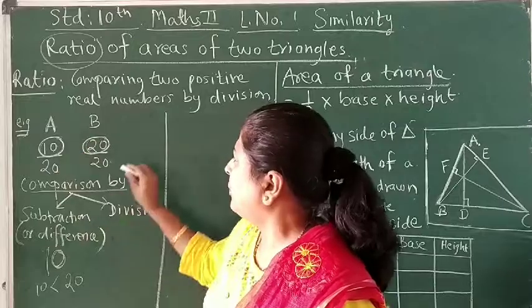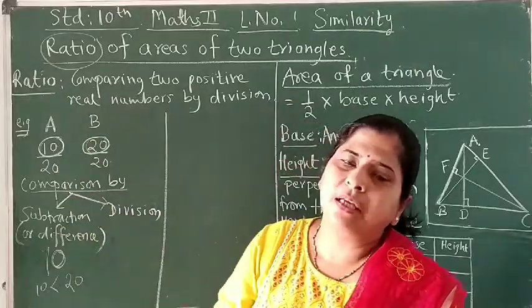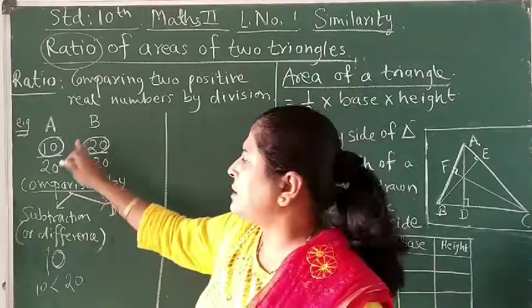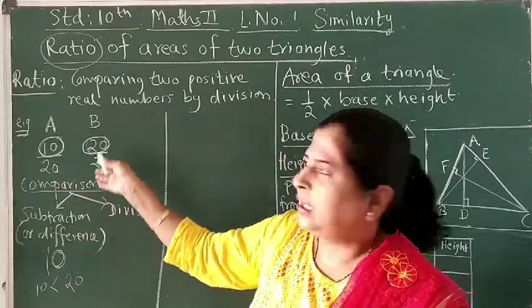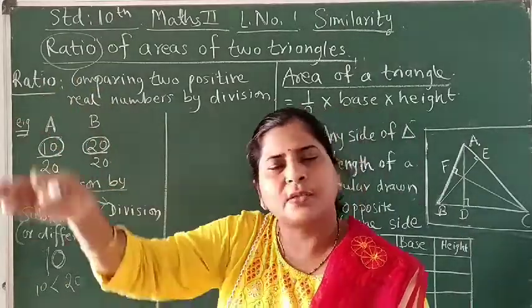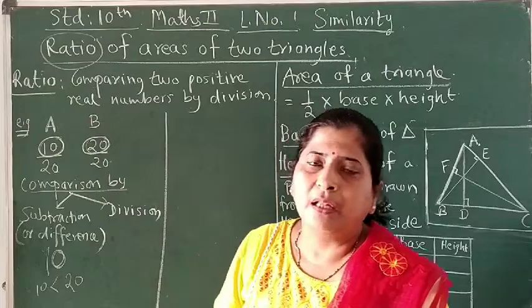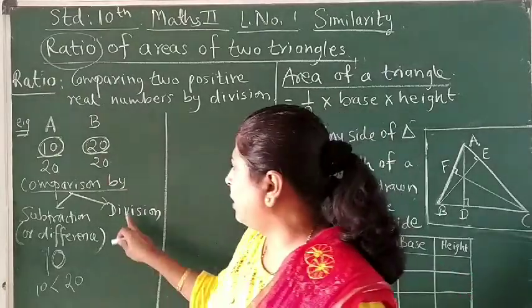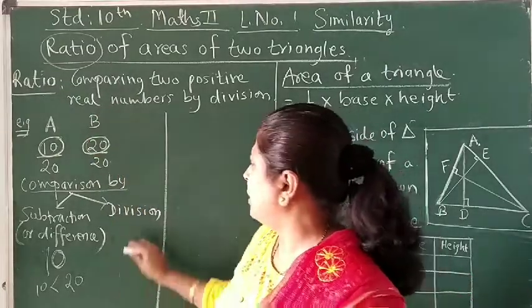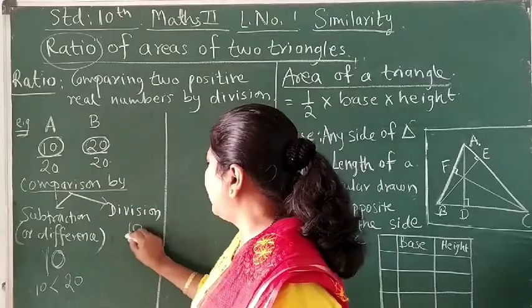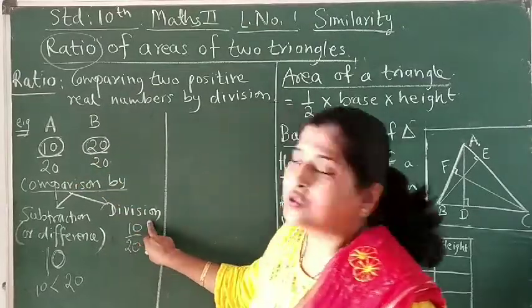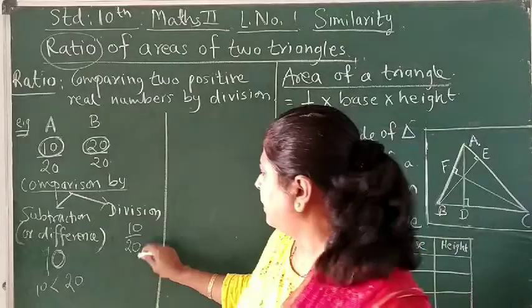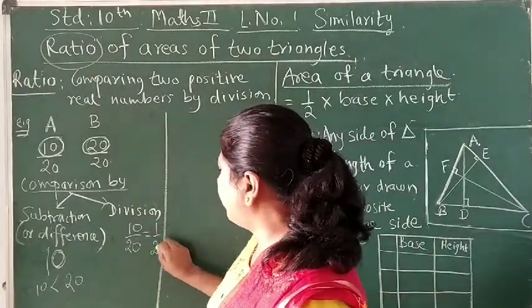If the numbers are different, say 10 and 15, then the difference is 5, and child A got 5 marks less, or child B got 5 marks more. What is the other way of comparison? That is division. If I divide the marks of A by the marks of B, 10 by 20, then the fraction is 1 upon 2.